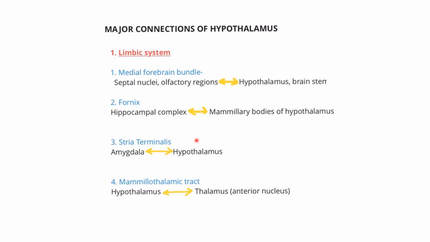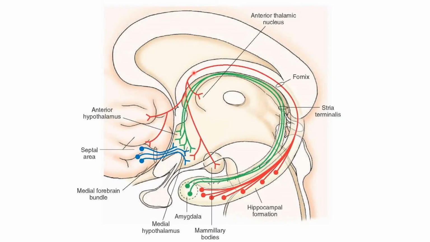Here we have the stria terminalis, which connects the amygdala with the hypothalamus. It's a band of fibers, so it runs along the lateral margin of the ventricular surface of the thalamus.